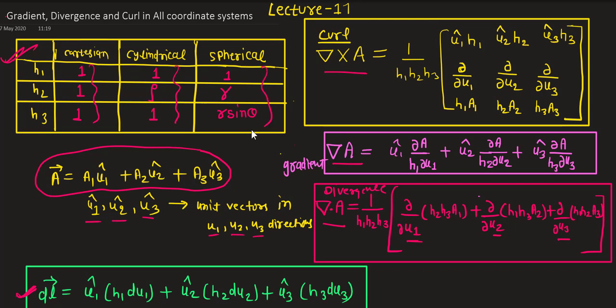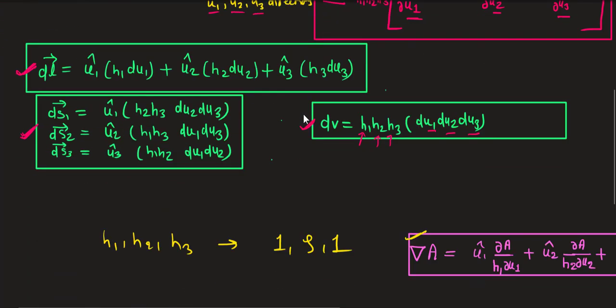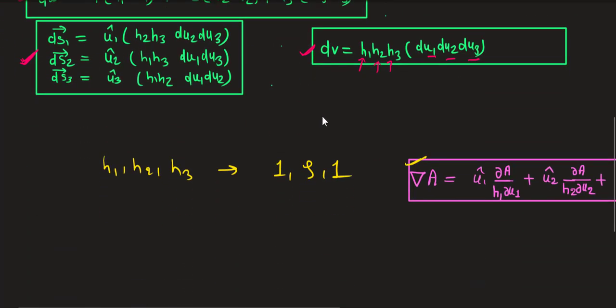Now let's calculate the gradient. To give you a sense of how to apply the general formula for a particular coordinate system, let me give you an example and calculate the gradient for the cylindrical coordinate system. I have copied this formula below. So this is the formula for gradient.